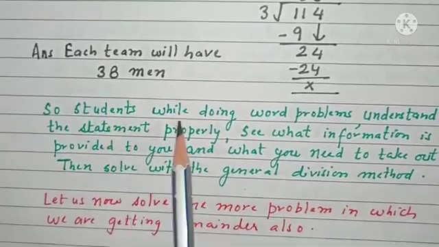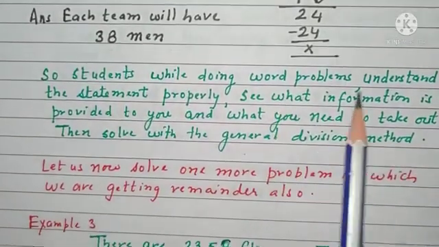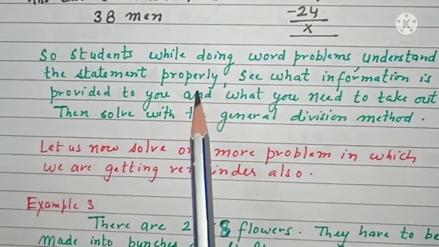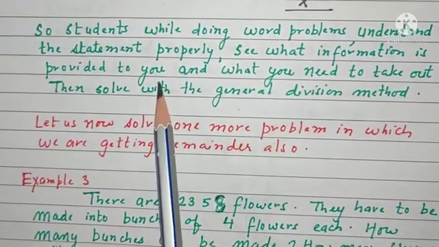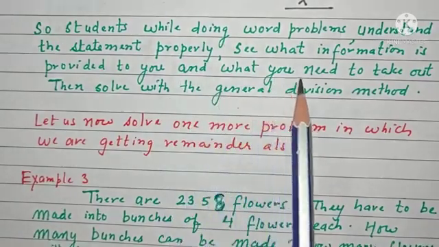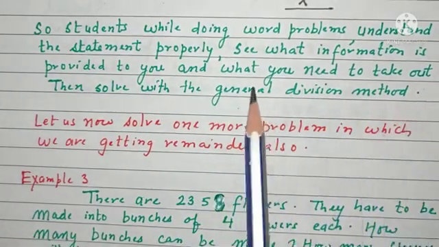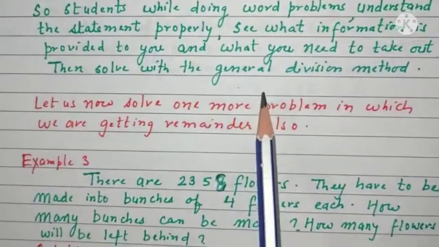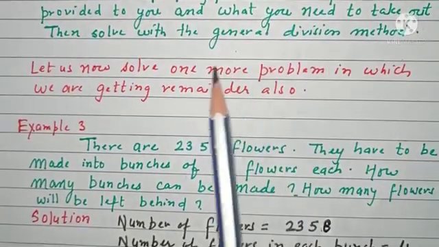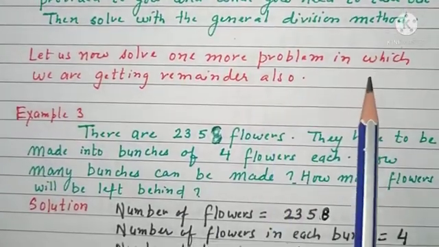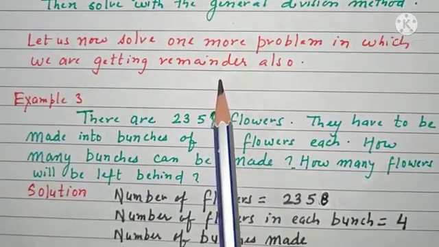So dear students, while doing word problems, understand the statement properly. See what information is provided to you and what you need to find out, and then solve with the general division method. Now moving on to one more problem in which we'll be getting a remainder also.